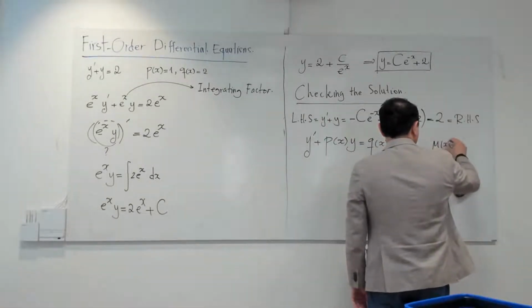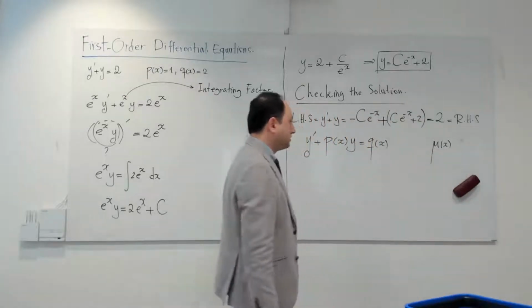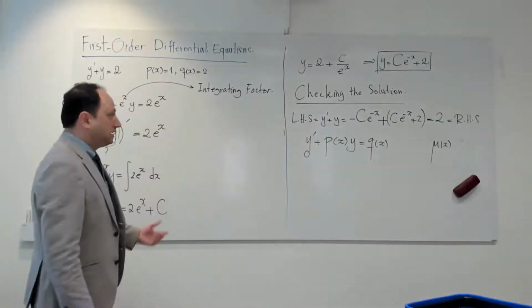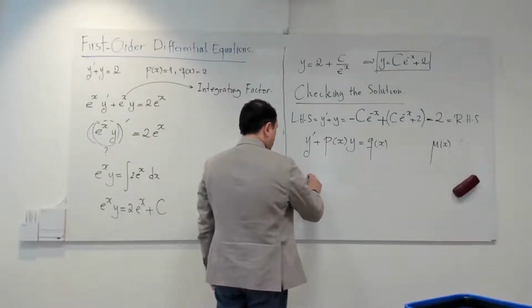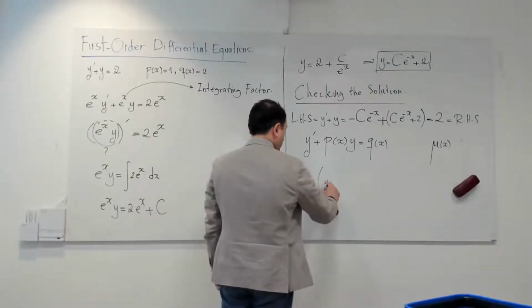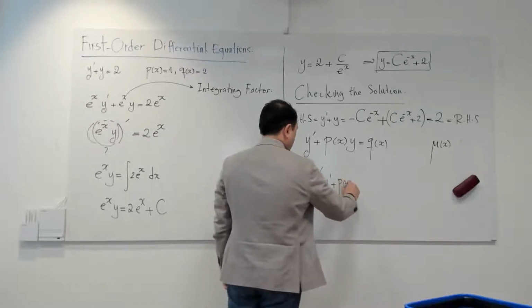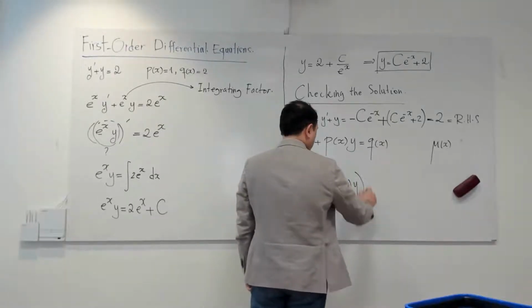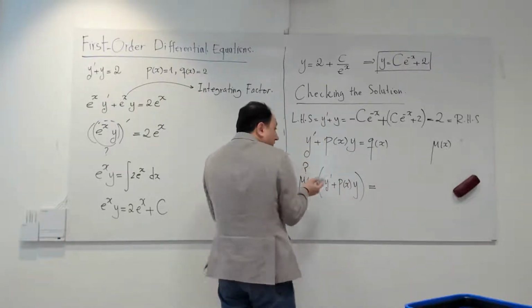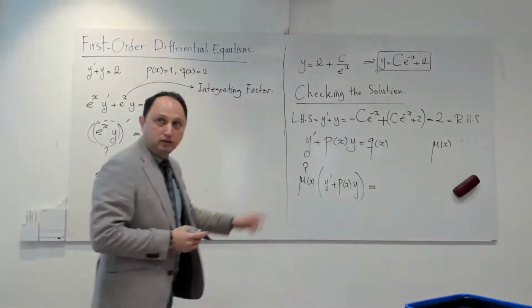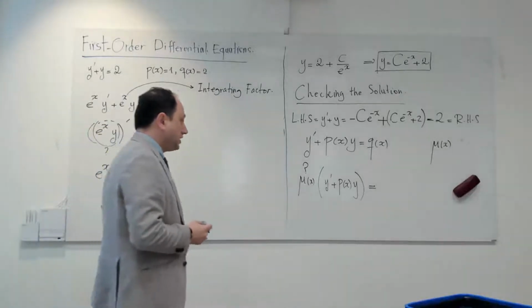Usually in differential equations, it's called mu of x. I want to multiply this expression by mu of x, so that I want to find this mu of x if possible. We don't know. We want to see if it is possible in general or not.